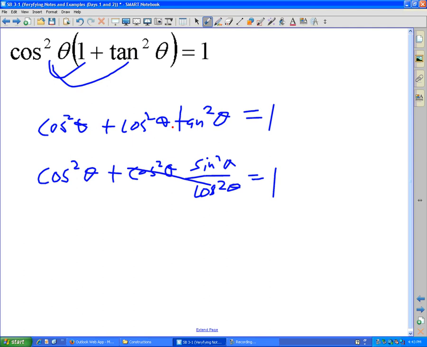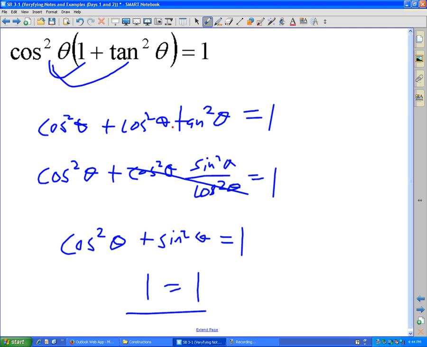And sure enough, the cosine squareds cancel, leaving me with cosine squared plus sine squared is equal to 1. And we know that the very first Pythagorean identity that we ever came up with back in Unit 1 was that sine squared plus cosine squared was equal to 1. So there we go. We are done simply by distributing and then a little algebra and then a Pythagorean identity.